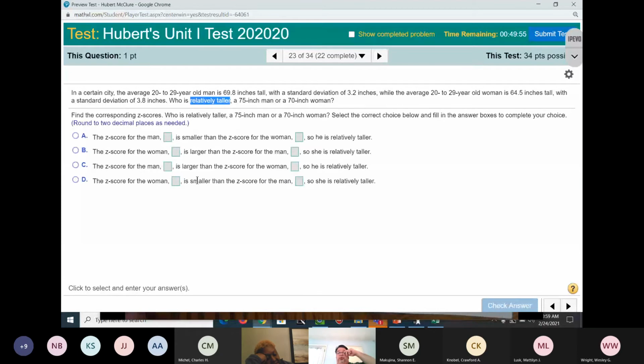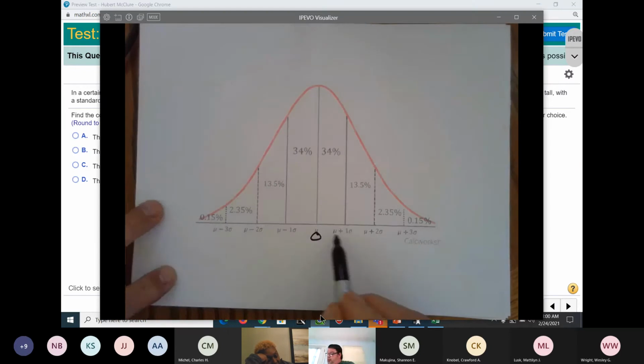All right, what am I going to do here? I'm going to draw a bell-shaped curve, and I'm going to put my z-scores on the bottom. Y'all watch what I do here. 0, 1, 2, 3, -1, -2, -3.